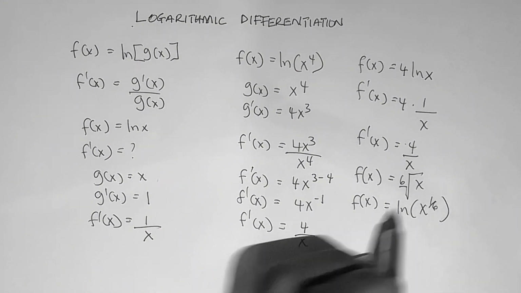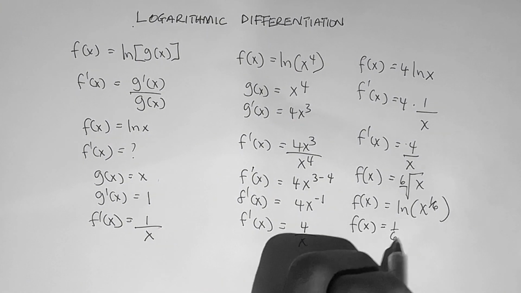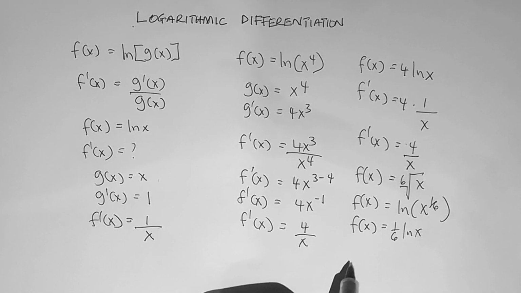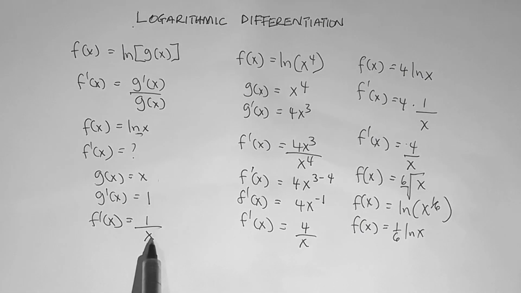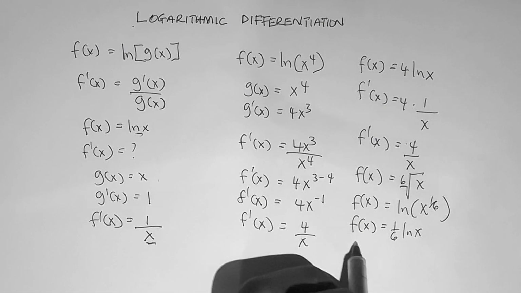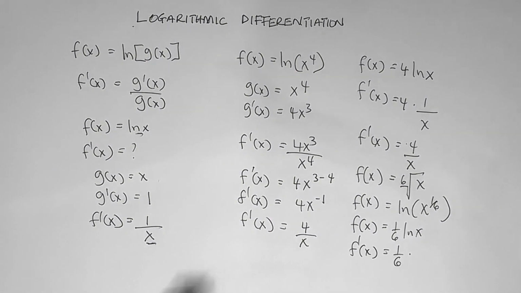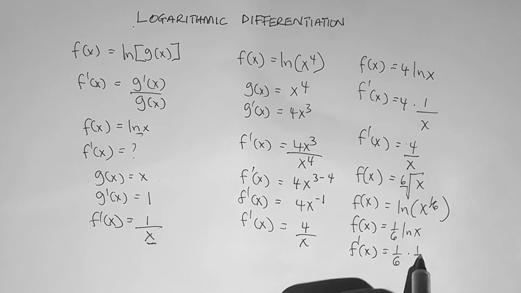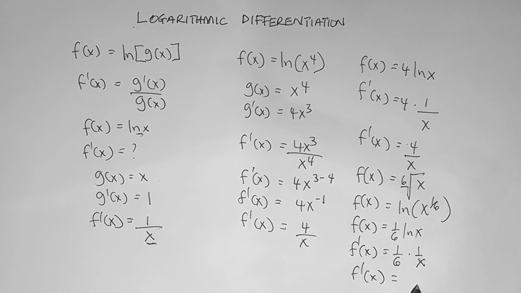You see that using the properties of logarithms, f of x is equal to 1 over 6 ln x. Now, we already know the differentiation of ln x. If you differentiate ln x, you will get 1 over x. So f prime of x is equal to 1 over 6 times the differential of ln x, which is 1 over x, so times 1 over x.